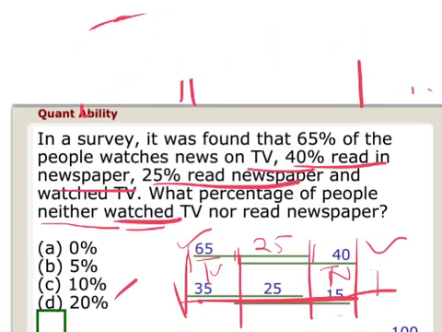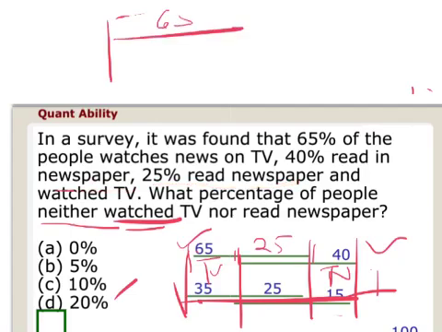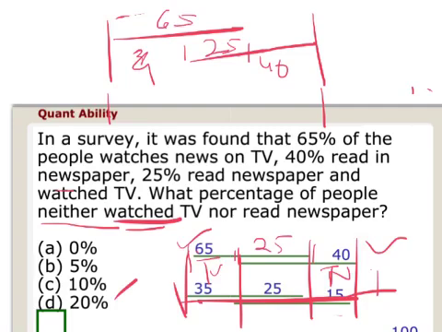Let's do this question again so that you become comfortable with the topic. 65 people are on one side, 40 people are on the other side. What is the overlap? 25. This defines the actual number of people doing something. So 65 minus this is 40, and 40 minus this is 15.